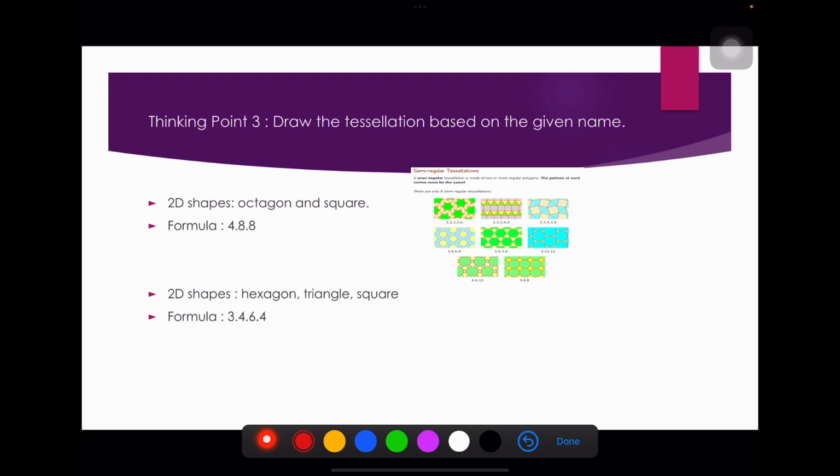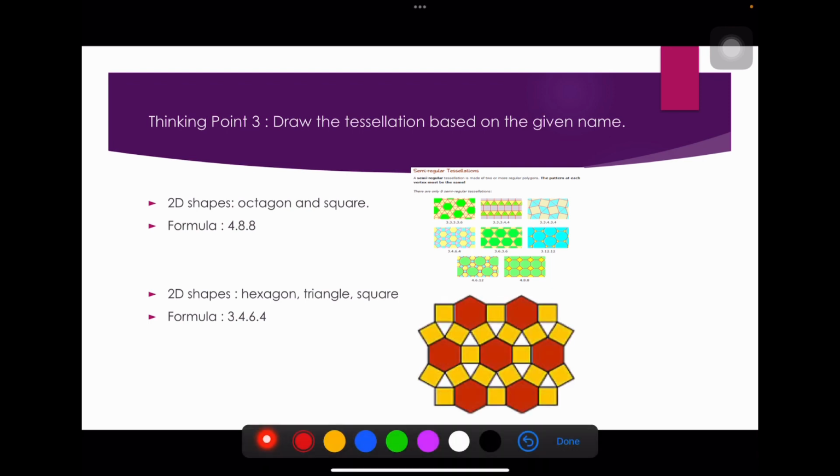So you do have to think of what kind of shape that would be. For this one, 8 and 8 and then a 4. That means there will be 2 octagons and 1 square. So 2 octagons: 1, 2, 3, 4, 5, 6, 7, 8.